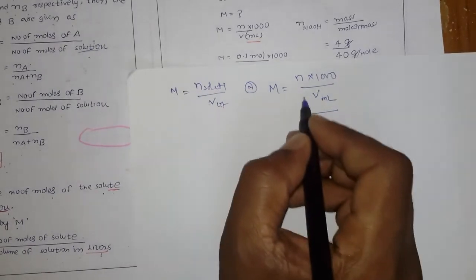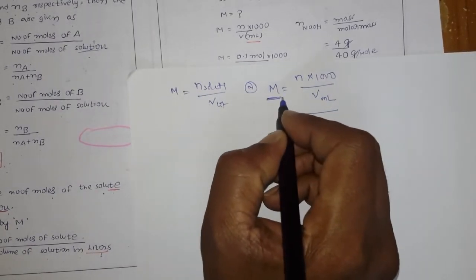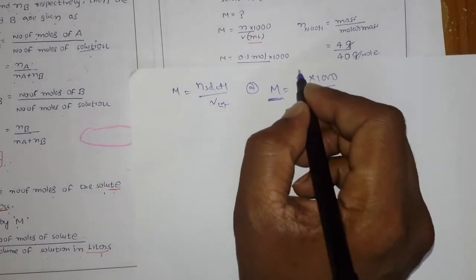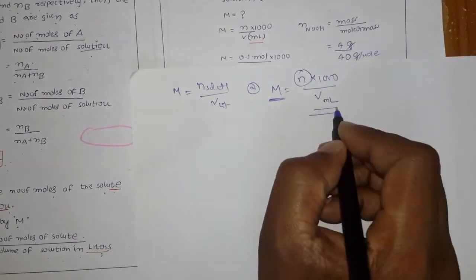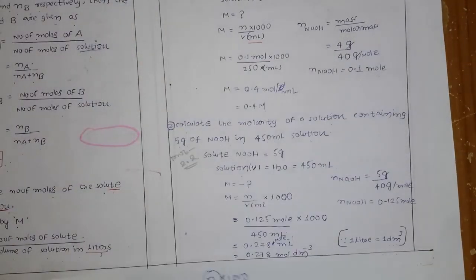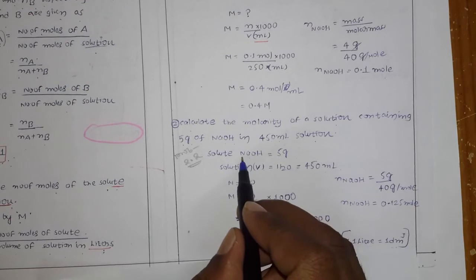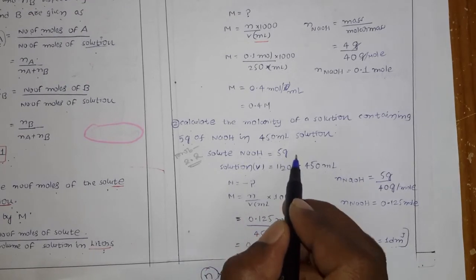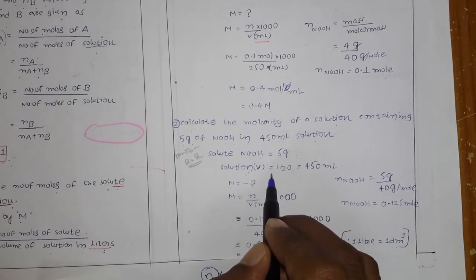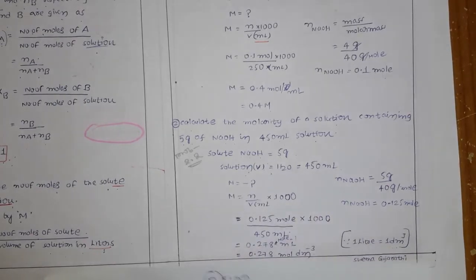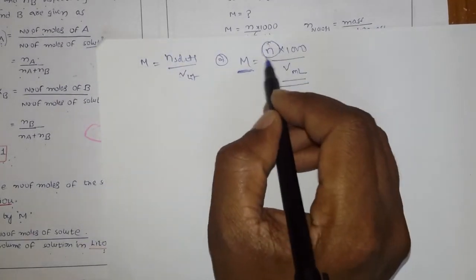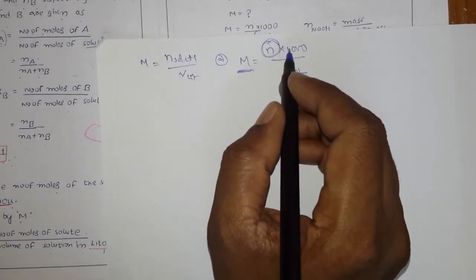So to calculate the molarity you require the number of moles of solute and the volume. But in this problem we don't have the number of moles, just the mass and the volume of the solution. But we need the number of moles. Is there any possibility to calculate it?